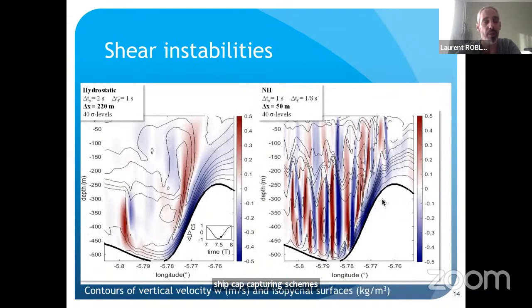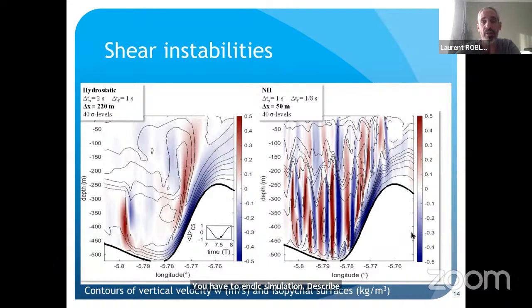So here we compare two S2DV simulations. On the left, you have a classical hydrostatic simulation of the strait with a 200 meter resolution on the horizontal, which is more or less the resolution of the OGCM in the region. And on the right, you have the NBQ simulation described previously.